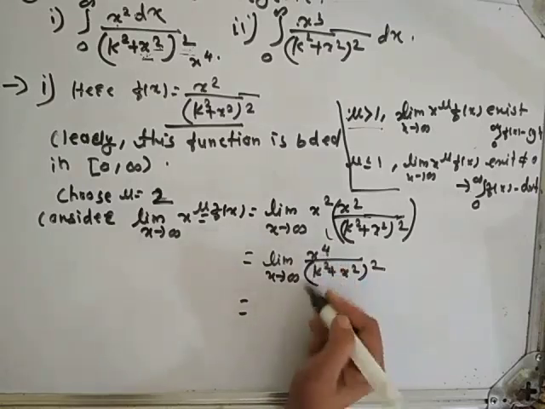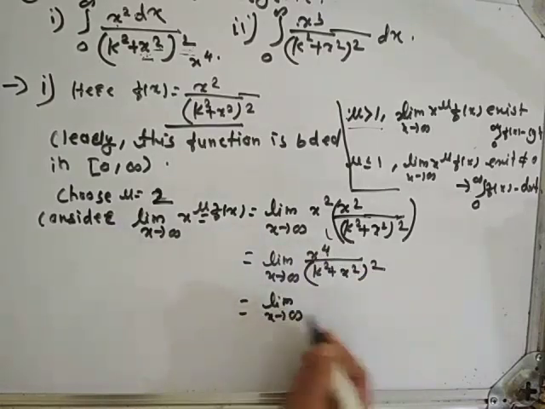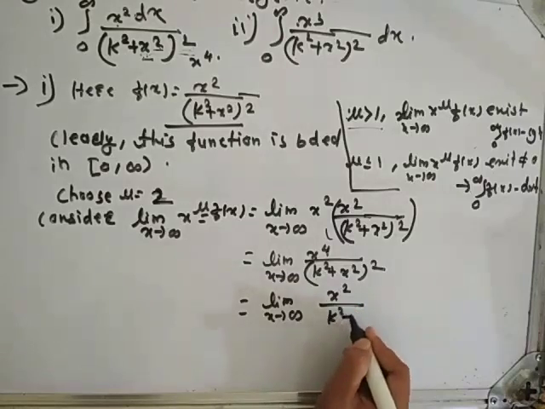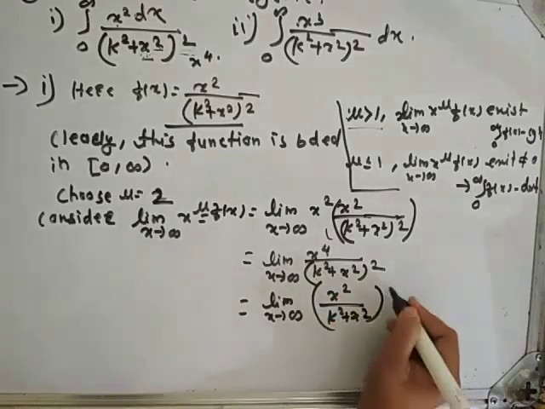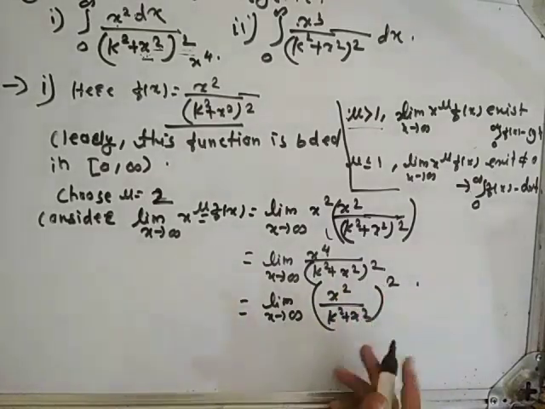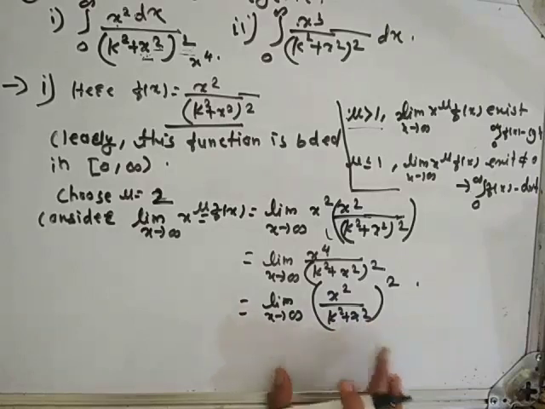This is x raised to 4, so this can be written as x square upon (k square plus x square) whole square.